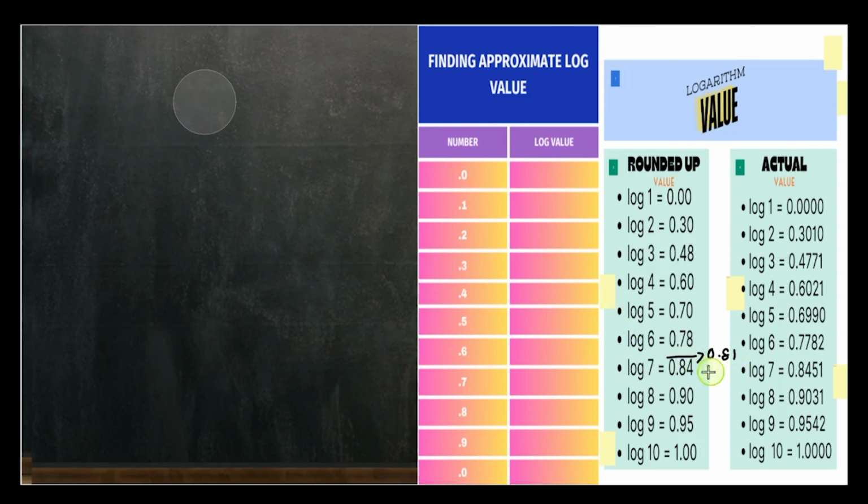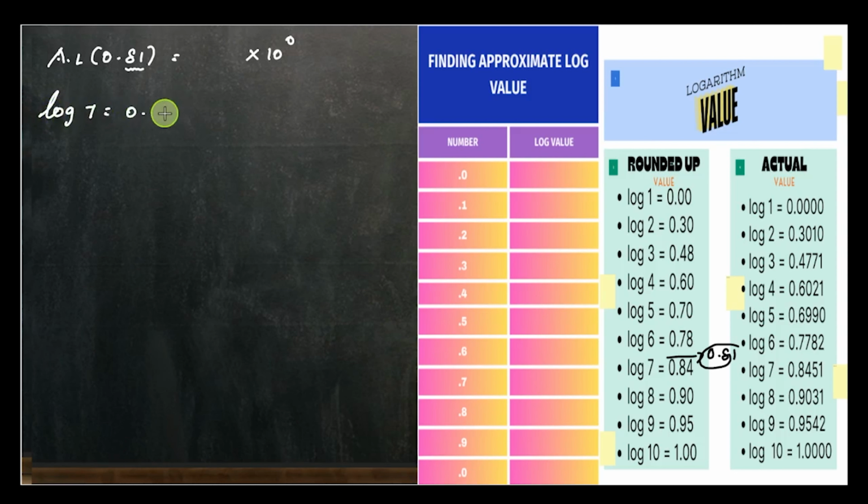Let me teach one more example. I'm going to find antilog value of 0.81. Raise 10 to the power of whatever number you have before the decimal point. As this number 0.81 comes between 6 and 7, I have to find the difference between log 7 and log 6.